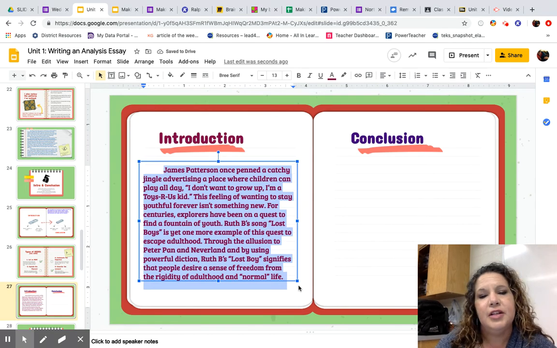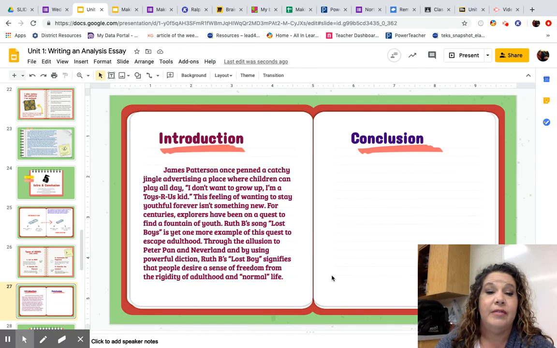Alrighty, so now let's look at the introduction and see if I have a hook, a bridge, and a claim statement. And let's double check to make sure it matches. James Patterson once penned a catchy jingle advertising a place where children can play all day. I don't want to grow up. I'm a Toys R Us kid. This feeling of wanting to stay youthful forever isn't something new. For centuries, explorers have been on a quest to find a fountain of youth.